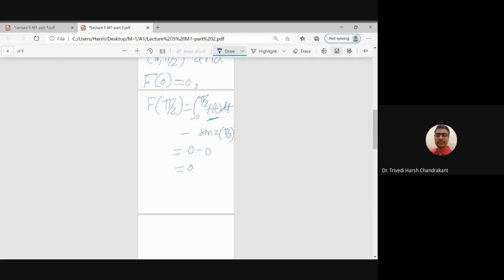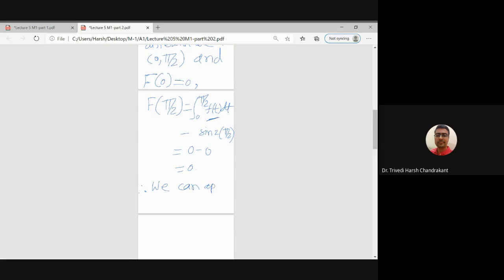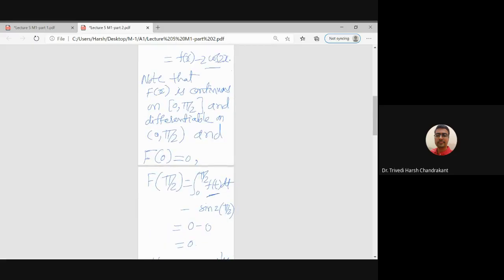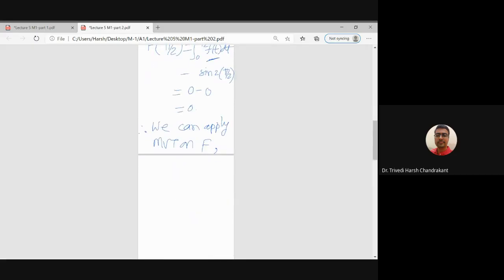So now all the conditions of the mean value theorem are satisfied, so therefore we can apply the mean value theorem on capital F. If we apply the mean value theorem on capital F function over the interval 0 to pi by 2, what we get is that F(pi by 2) minus F(0) is equal to F dash of c into (b minus a), right?